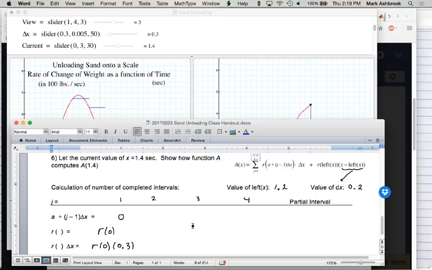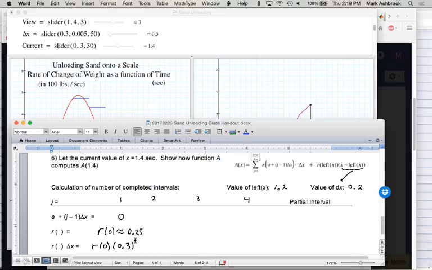Estimate the value of r sub 0. What is it? 0.25, someone said? Okay, so 0.25 is the constant rate we're using, and we do that for a change in x of 0.3 to get the change in y.